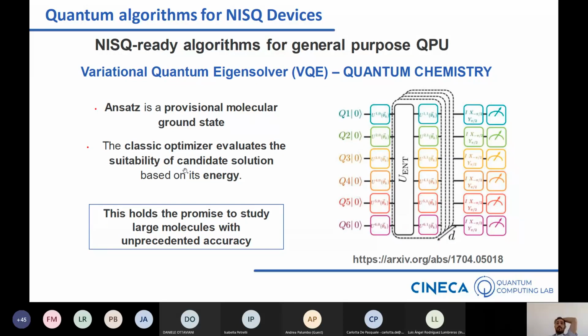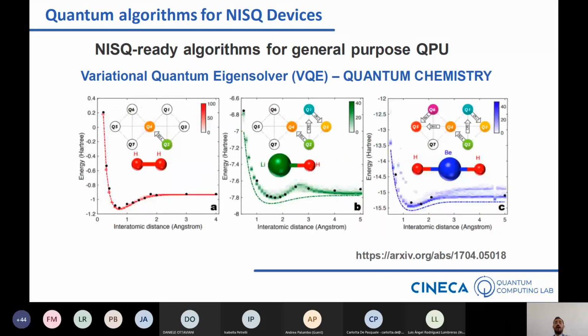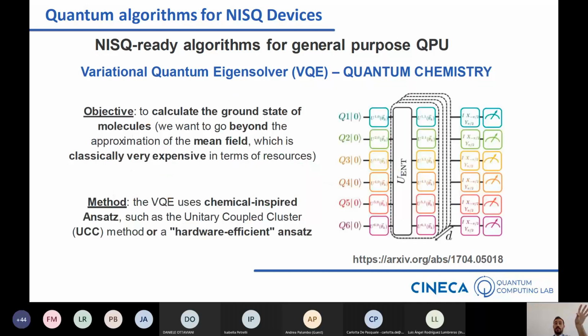This method holds the promise of studying large molecules. Once we have a bigger quantum computer, probably with 100 qubits, you can do already something that is not just studying beryllium hydride, but some molecule that starts to be hard also for supercomputing systems.